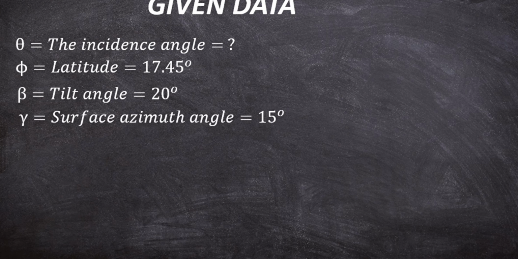Our hour angle omega is not given, but you can find it from the solar time by multiplying 15 degrees per hour of Earth's rotation by the number of hours from noon.